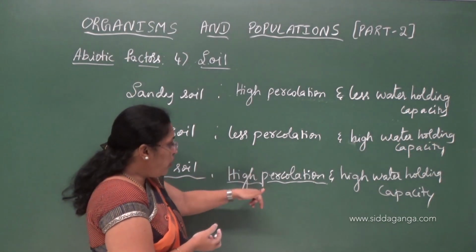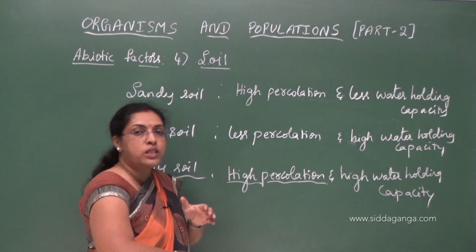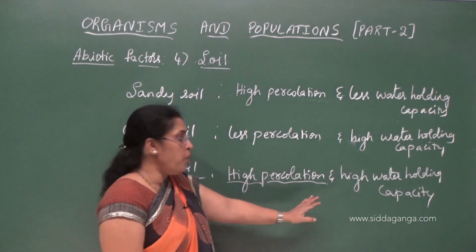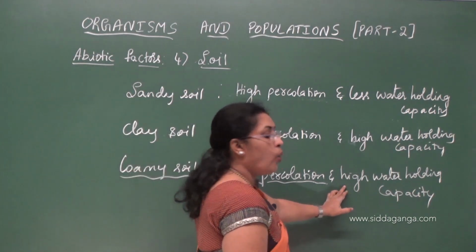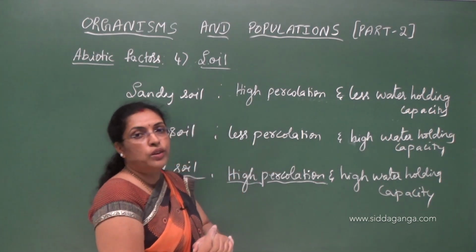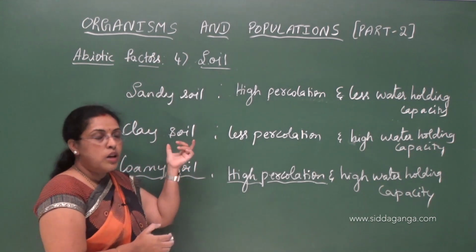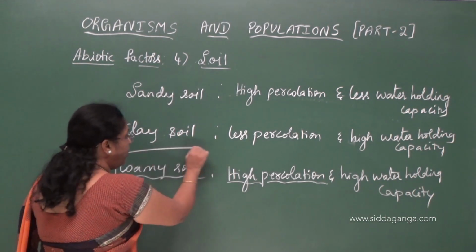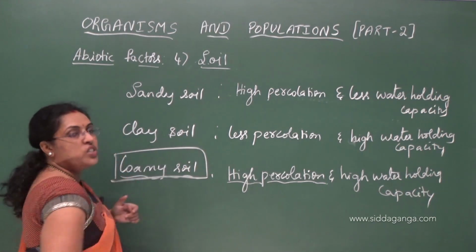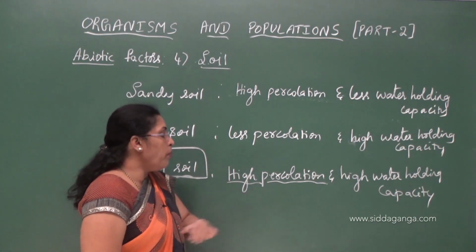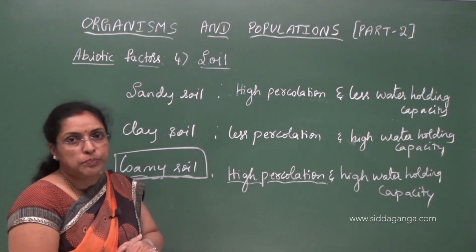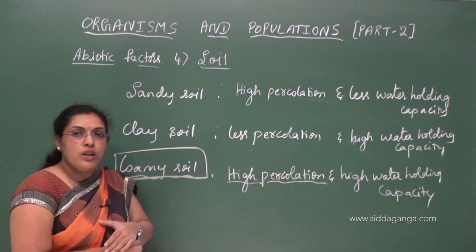So percolation helps minerals to enter the root and reach the root tip. And high water holding capacity is very important for the growth of plants. So in these three types of soil, loamy soil is very important, which supports the vegetation by high percolation and high water holding capacity. This is about the soil.